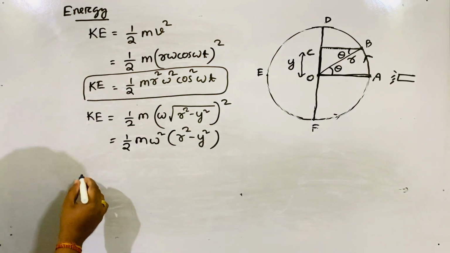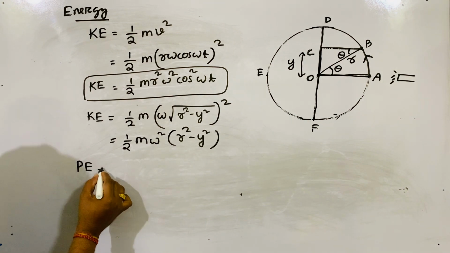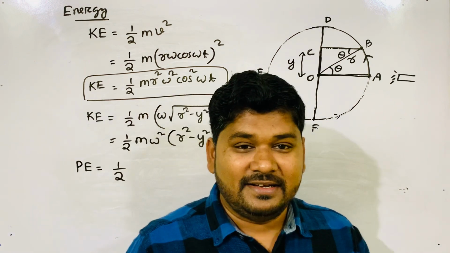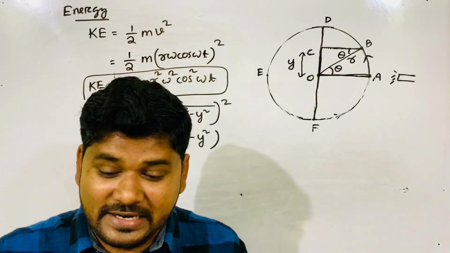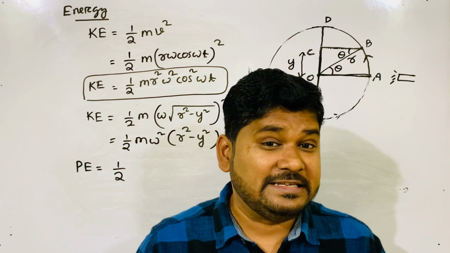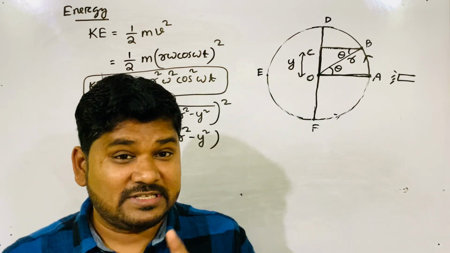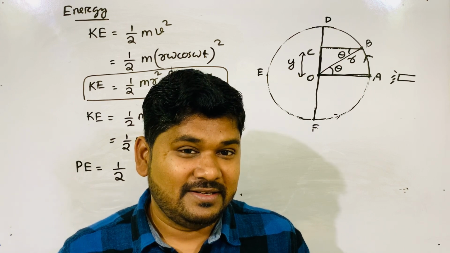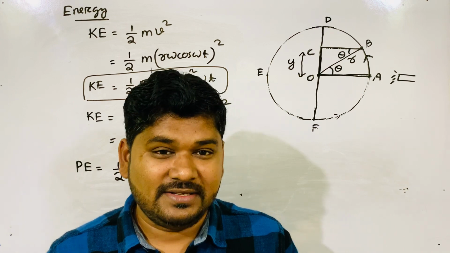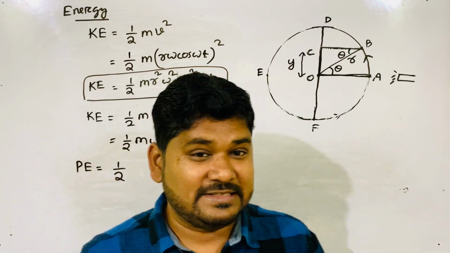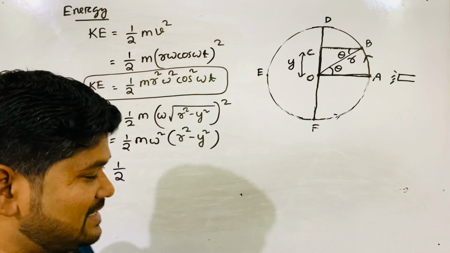Then also write potential energy. What is potential energy? In the body, when returned back, the force is proportional to minus of displacement, just like a spring. F is proportional to minus y, just like the restoring force you have read in the solid chapter. So what's the potential energy?